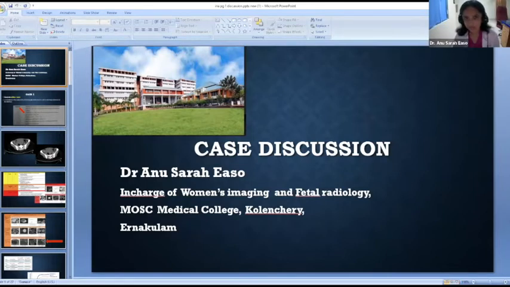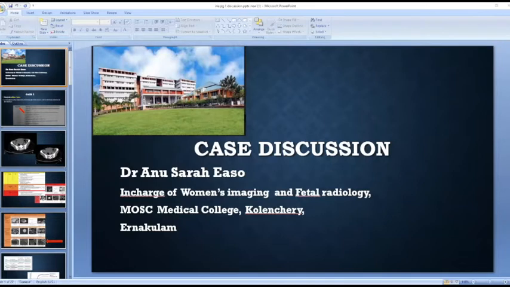No, no. Go up, Anu. Can you go up? You can see animation, design, slideshow in the left-hand side top: home, insert, design, animation, slideshow. Click the slideshow or resume slideshow.